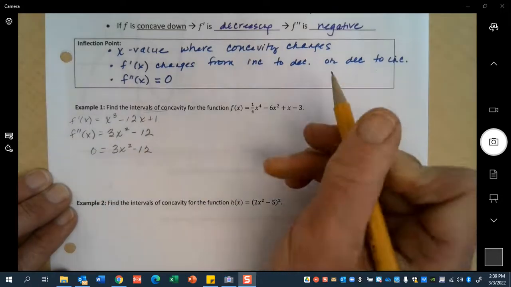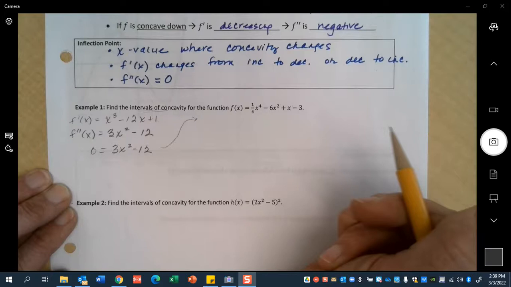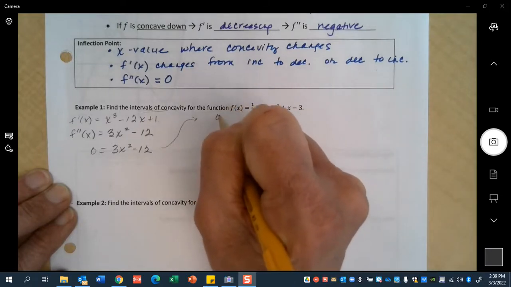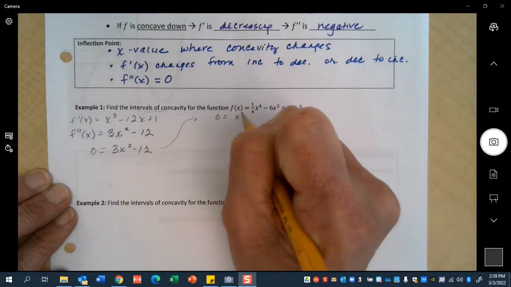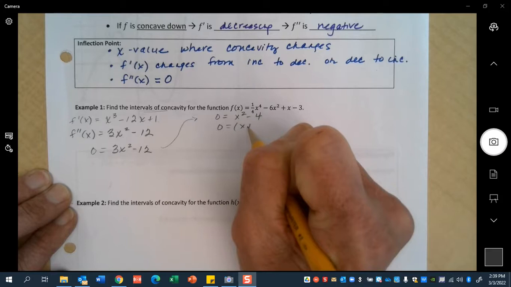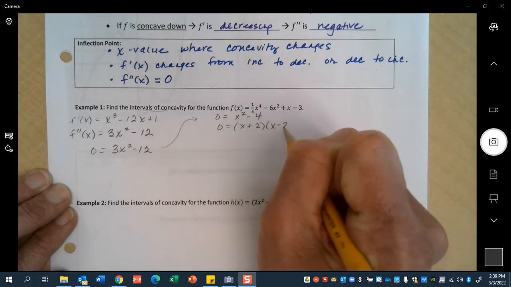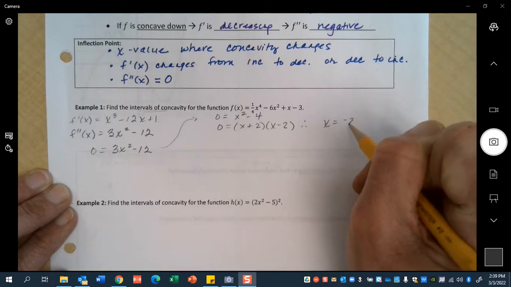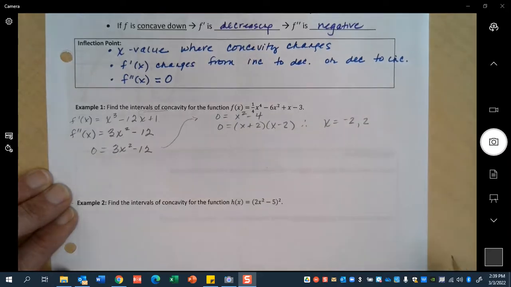And then I'm going to factor out a 3, and I'm going to say 0 is equal to x squared minus 4. So 0 is equal to x plus 2 and x minus 2. Therefore, x is going to be equal to -2 and +2.